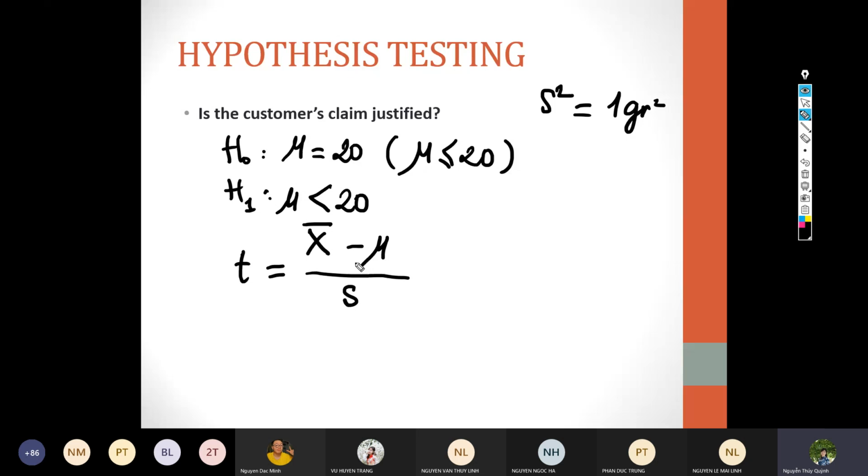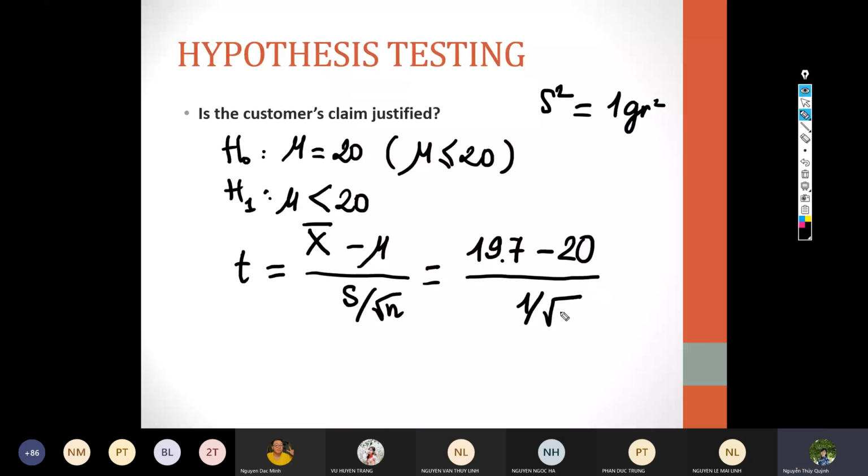So here we assume that mu is equal to 20, and t is equal to the observed value of x bar, 19.7, minus the stated value of mu in H0, divided by s divided by the square root of n, and this one is square root of 36.